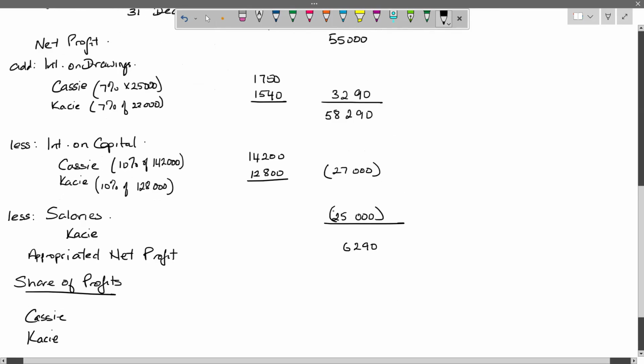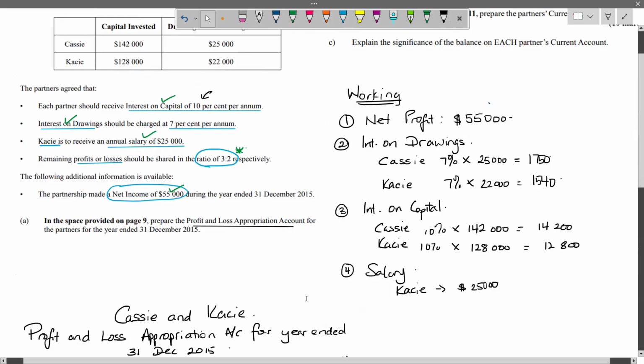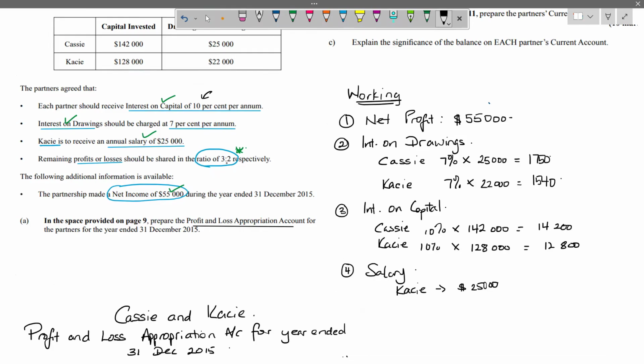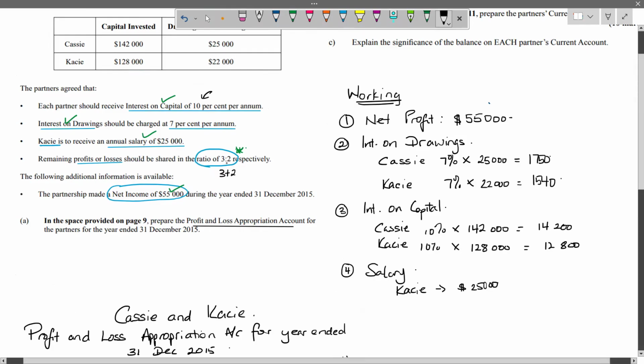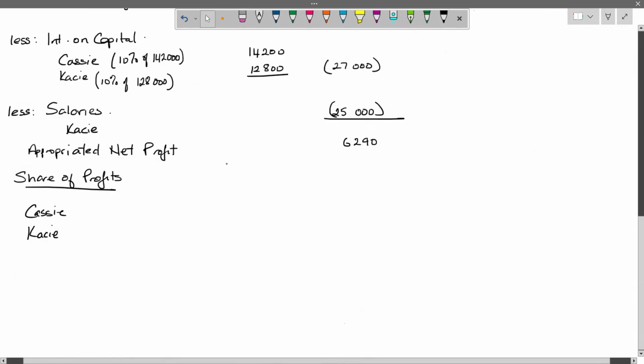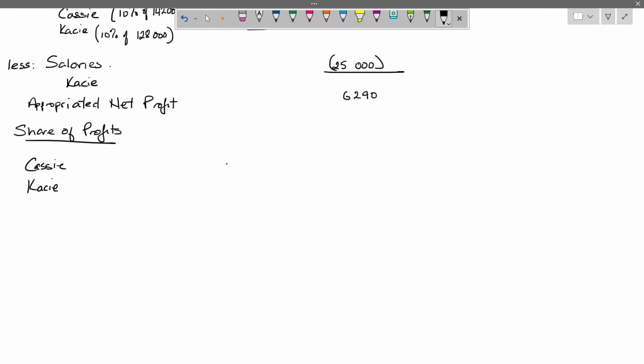If we go back to our question, the profit and loss sharing ratios are 3 to 2. Now the sum of the parts, 3 plus 2 is 5. So it means, therefore, that Cassie, sorry, is getting 3/5 and KC is getting 2/5 of this 6290.